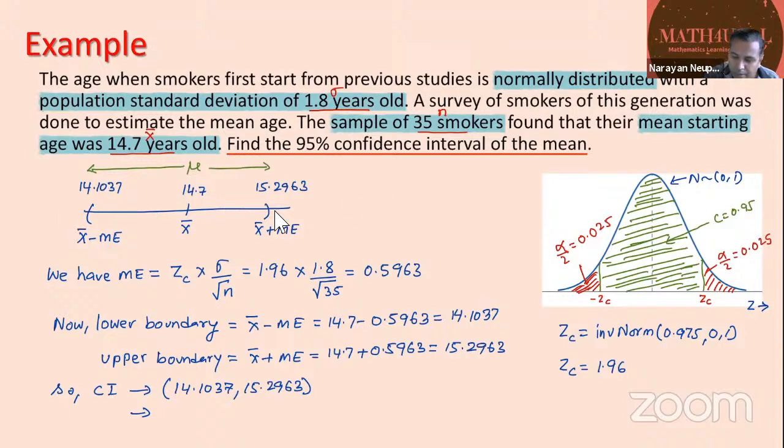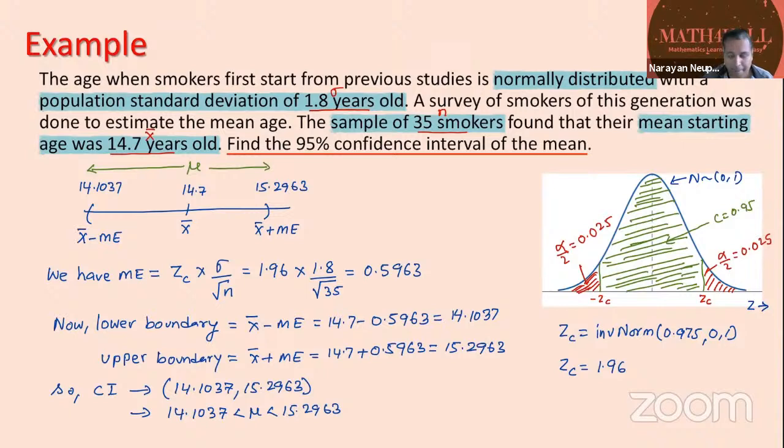So the other way of writing the interval is we can write it as 14.1037 is less than the population mean, which is also less than 15.2963. In other words, what we are saying is the population mean lies between these two values.